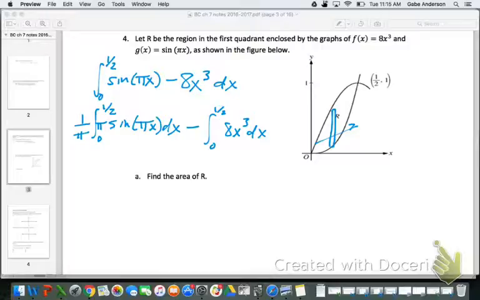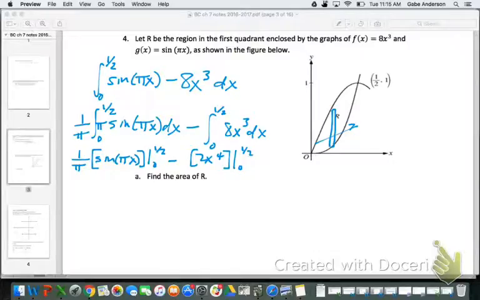So I would get 1 over pi times sine of pi x, evaluated from 0 to 1/2, minus the antiderivative of 8x cubed, which is 2x to the 4th, also evaluated from 0 to 1/2.